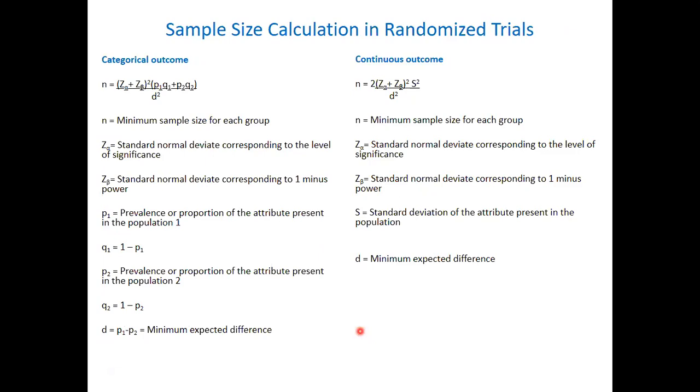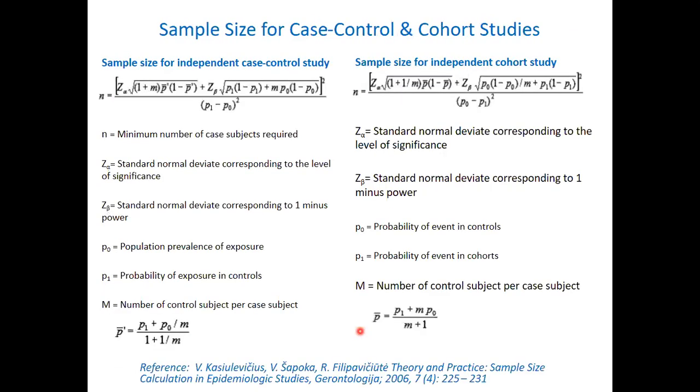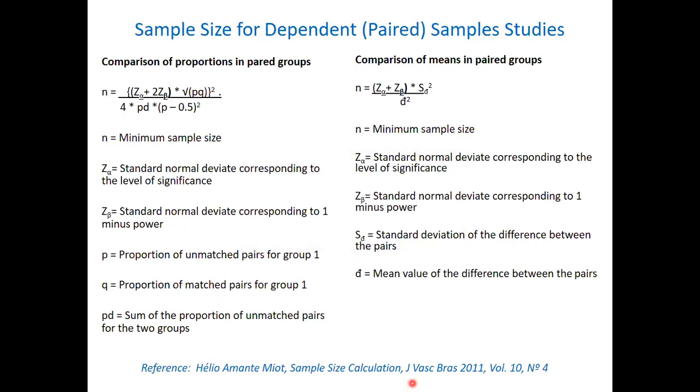And if what you are doing is the same group, you are not even talking of two groups, you will see that even what you do for paired groups is the same thing. So when you are comparing two means or two proportions, it's virtually the same thing.